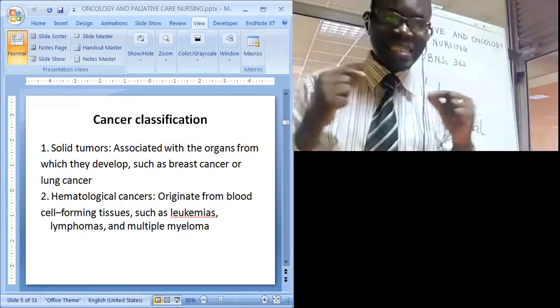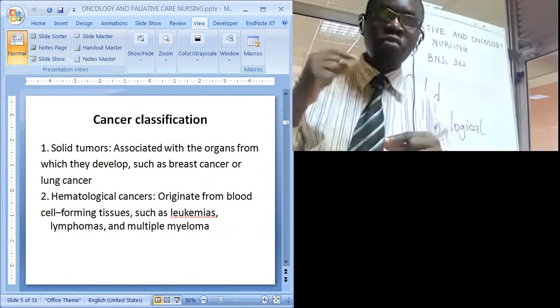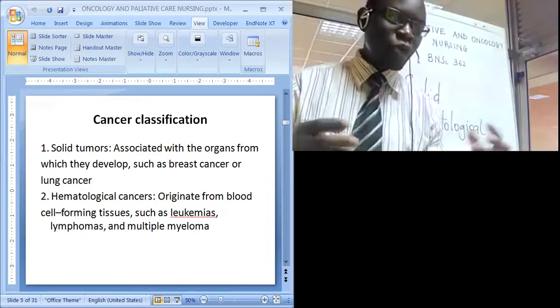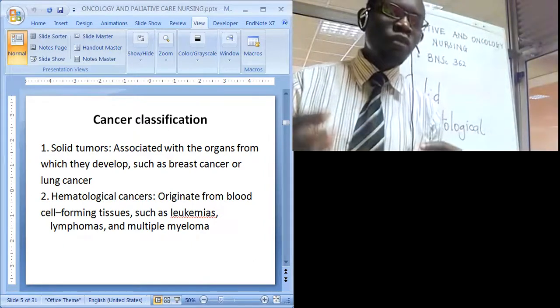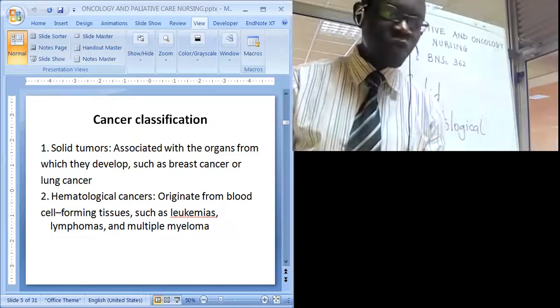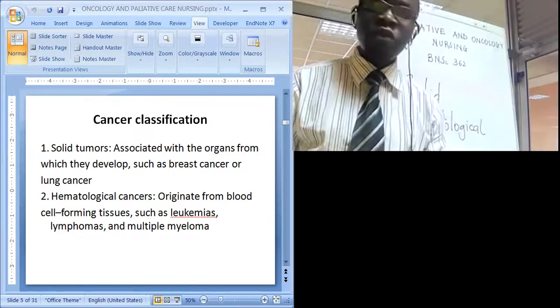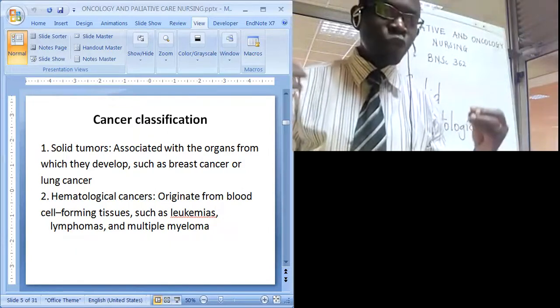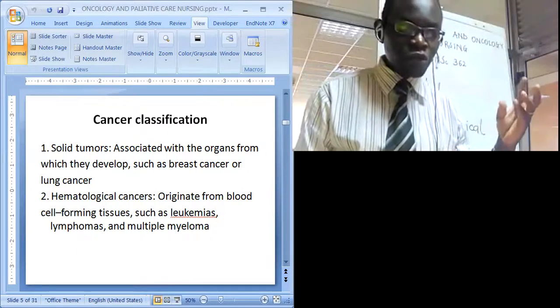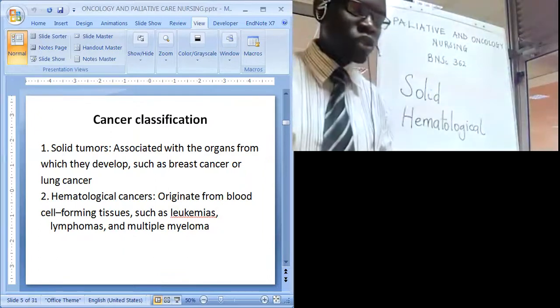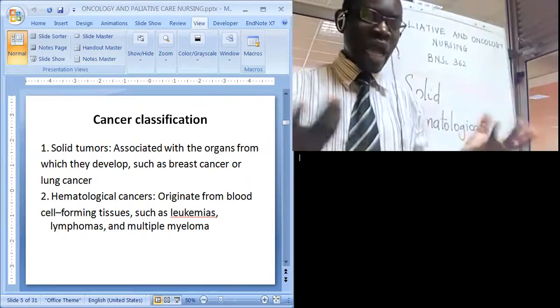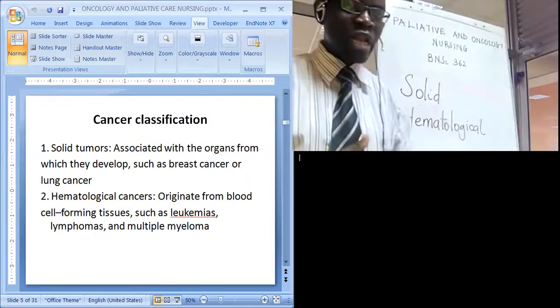In other words, these are cancers of blood cells. Like, for example, you can have cancers of white blood cells, what we refer to as leukemias and lymphomas, or even multiple myeloma. So you have those cancers of those white cells, and you end up with issues like leukemia.